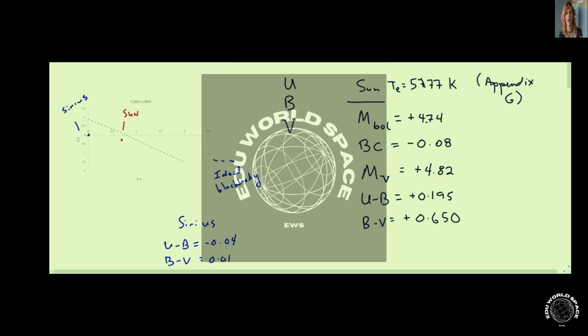And that's really the point of these color diagrams. It turns out that the type of star you have also, whether it's a supergiant, main sequence, etc., also follows a pattern on a color diagram, which you will get to when you do the HR diagram.